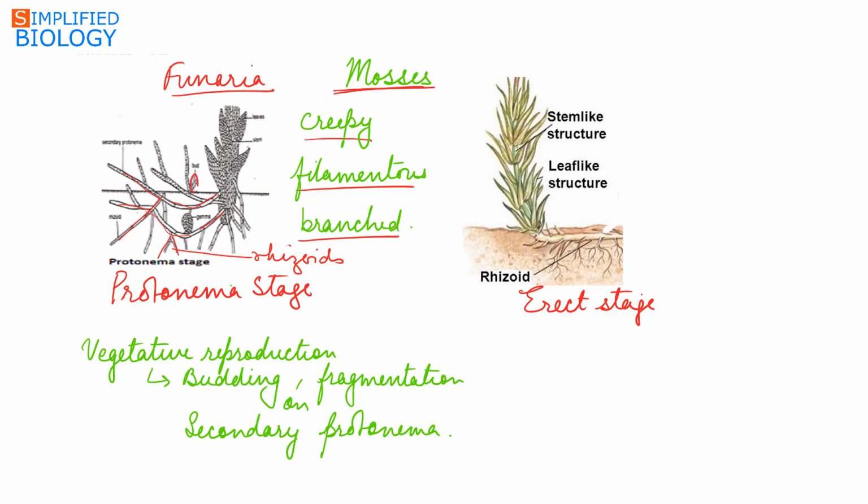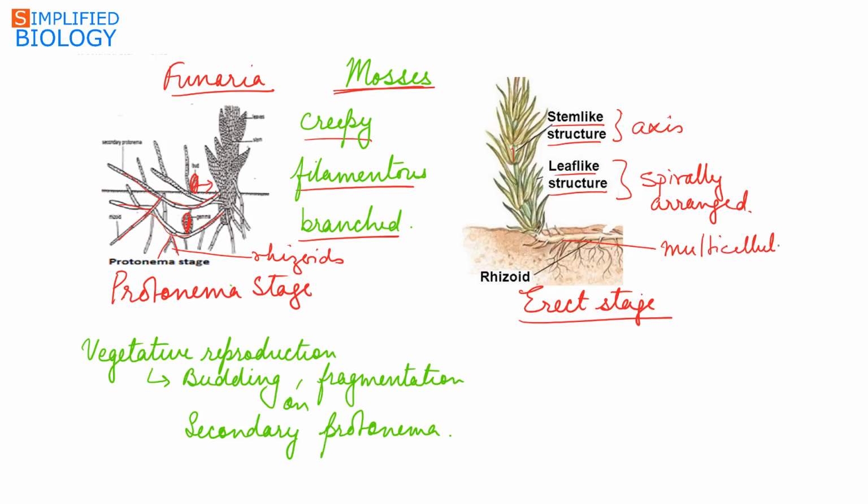Developing on the protonema are buds. Now, these buds divide to form the erect stage. The erect stage has a stem-like axis upon which develop leaf-like structures that are spirally arranged, and it is attached to the substratum by multicellular branched rhizoids.